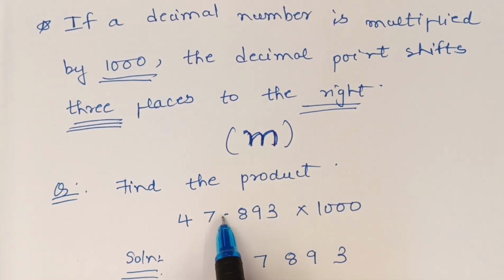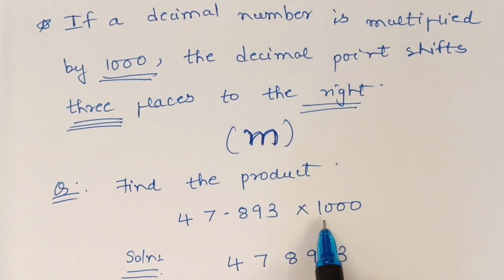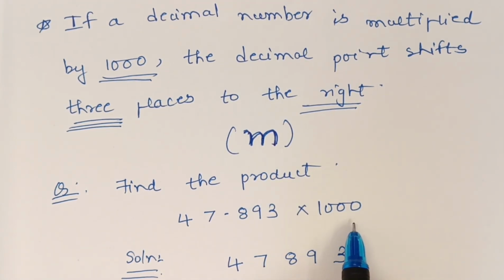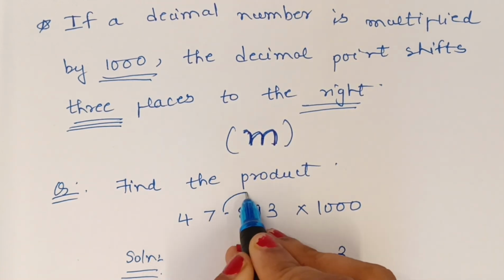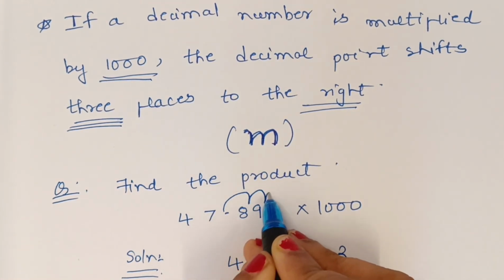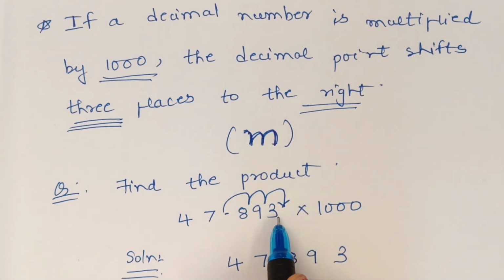It means it has to be shifted 3 places to the right, because how many zeros do you have? 1, 2, 3. So 1, 2, 3. Put arrow over here. It means your decimal point will come here. So your final answer is what?